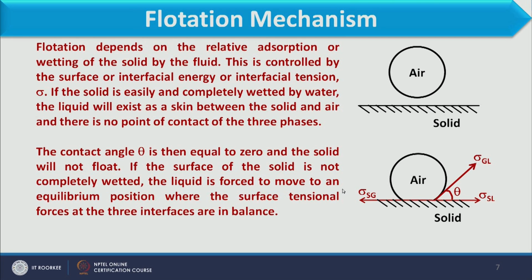The liquid is forced to move to an equilibrium position where the surface tension forces at the three interfaces are in balance. So, you see here we have three surface tensions. First is between solid and liquid, then we have between gas and liquid, with contact angle theta, and another surface tension between solid and gas.